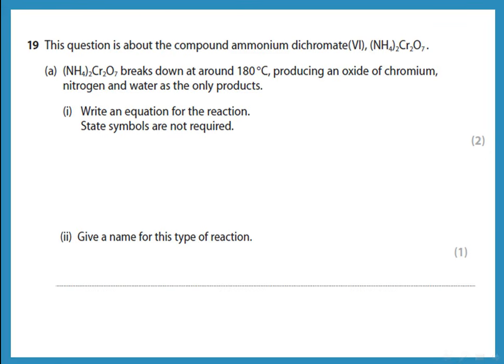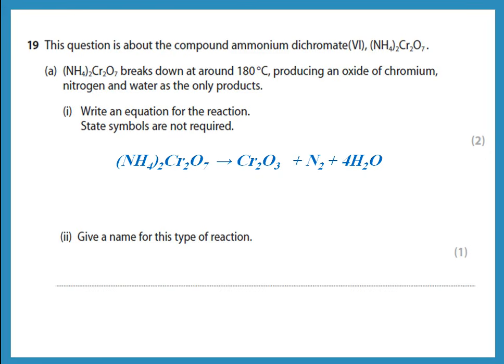Okay, now he has a compound, ammonium dichromate. He says it breaks down at around 180, producing an oxide of chromium, nitrogen, and water as the only products. So write an equation. That means you're starting with ammonium dichromate, and you are forming an oxide of chromium.